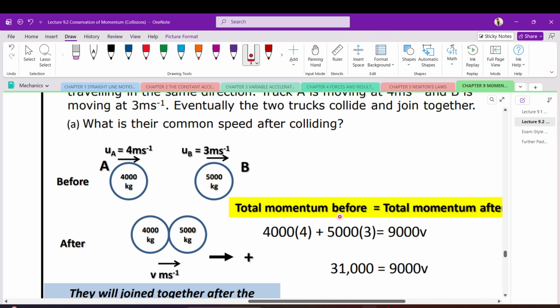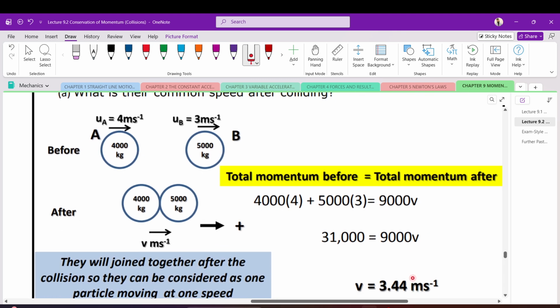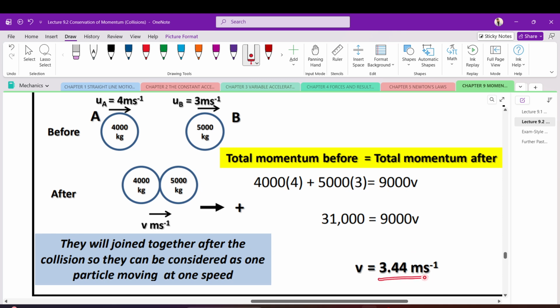So total momentum before equals total momentum after. You apply the formula, so v is equal to 3.44 meters per second. So they will be joined together after the collision, so they can be considered as one bigger particle moving at one constant speed.